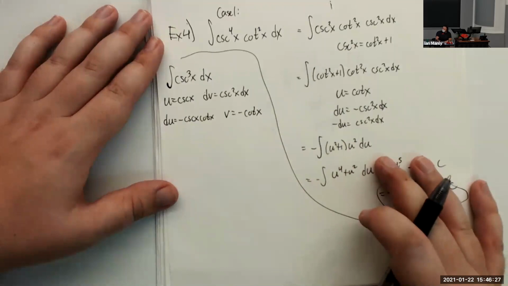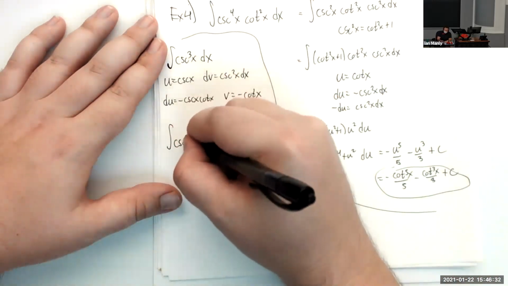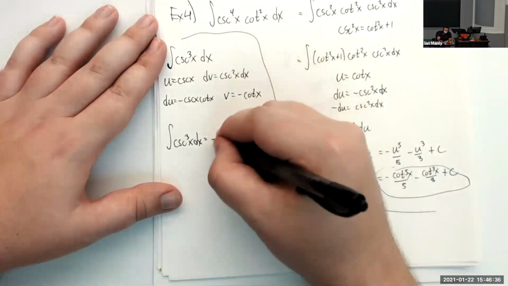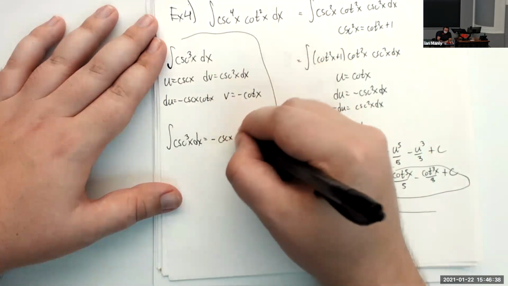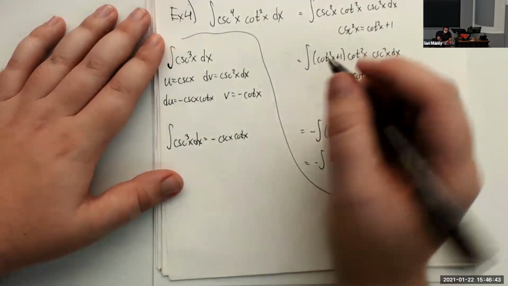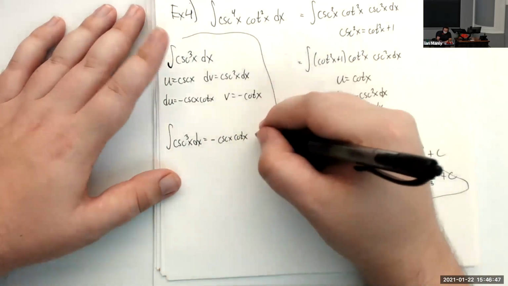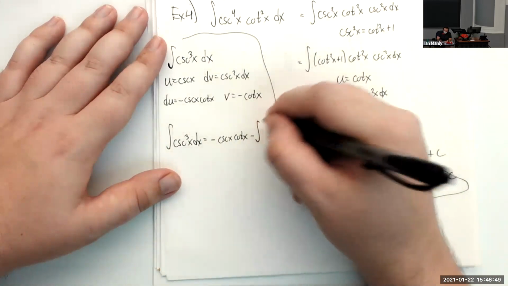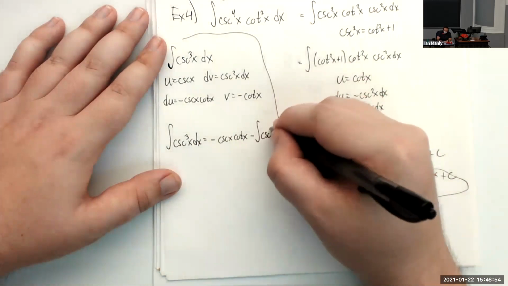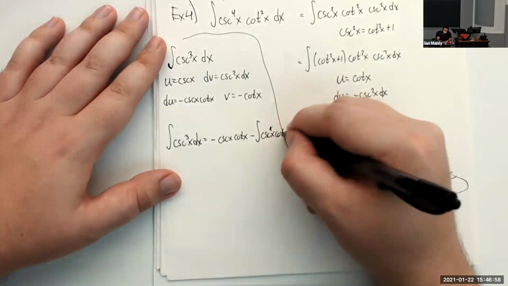All right. So let's write what we have here now. We have u times v, so it's going to be negative cosecant of x times cotangent of x. And then I subtract the integral of these guys right here. Now, because we already have two negatives in here, those will cancel out, and I'm going to get cosecant times cotangent squared.